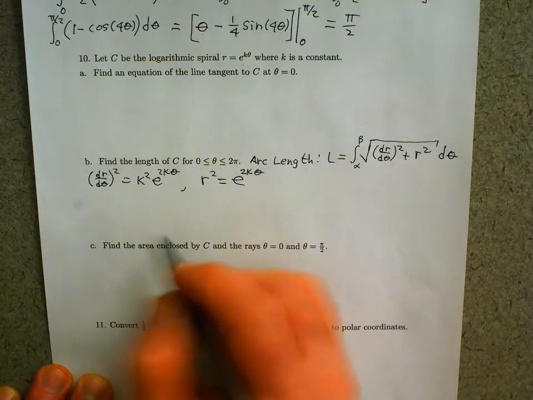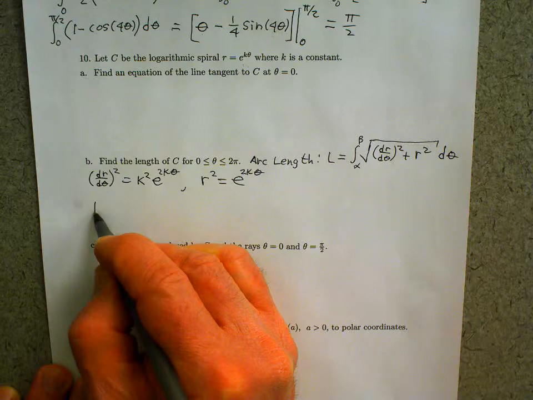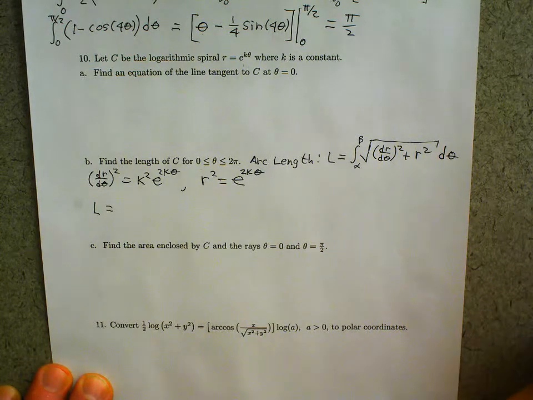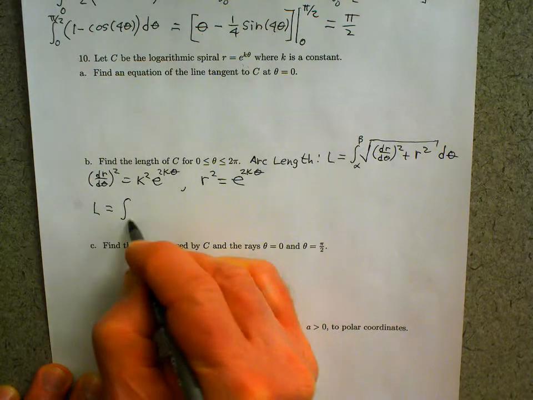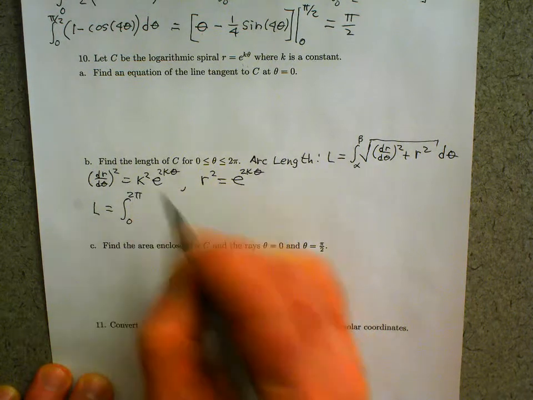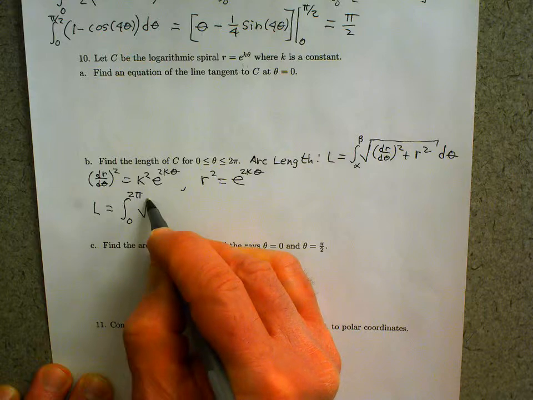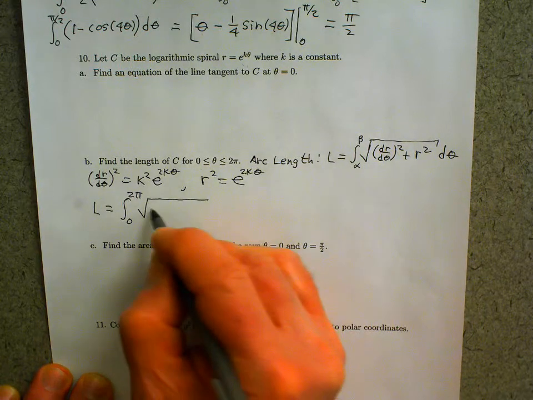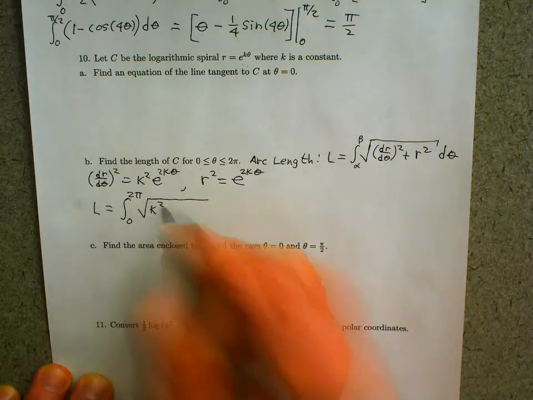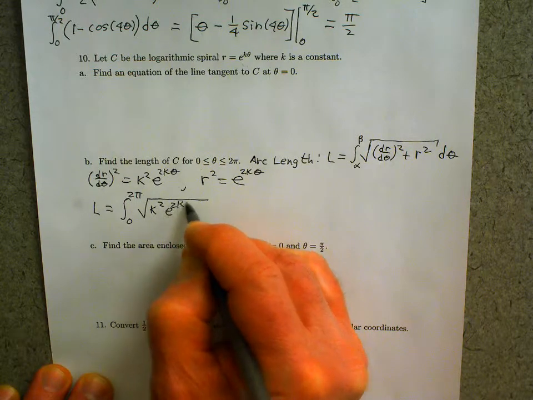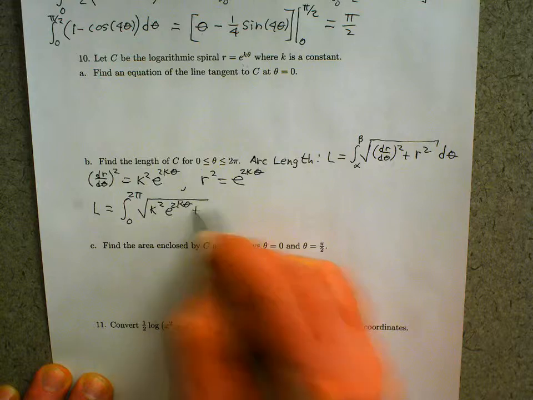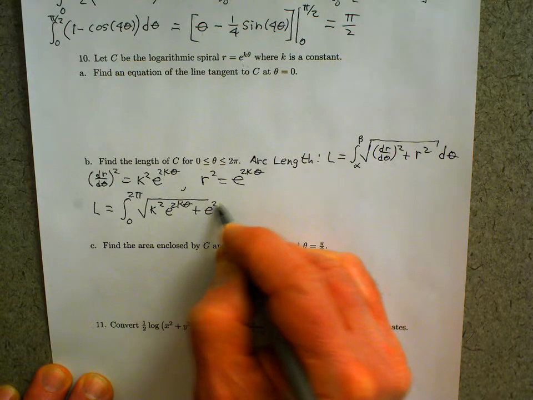And so our arc length integral will be from 0 to 2 pi. The integrand is the square root of k squared e to the 2k theta plus e to the 2k theta.